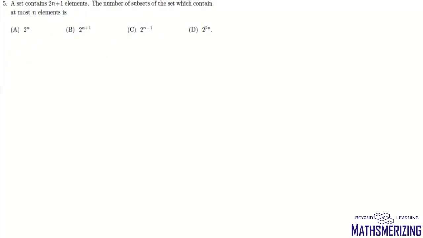Now question number 5 is, a set A contains 2n plus 1 elements. Now the number of subsets of the set which contain at most n elements is. So it can have 0 elements, so it can be 2n plus 1 C0, or 2n plus 1 C1, and it goes up to 2n plus 1 Cn.